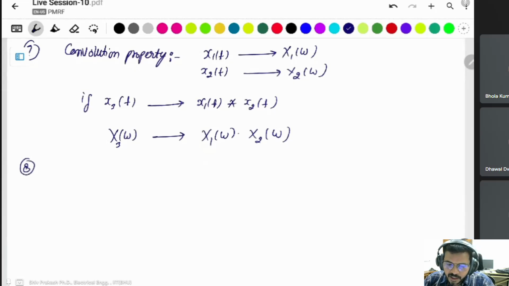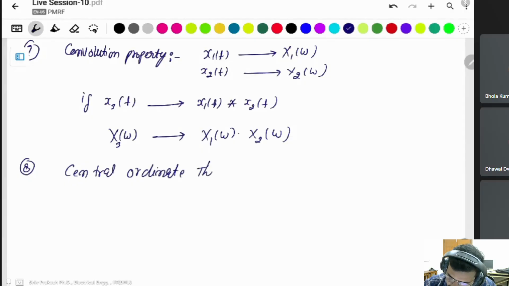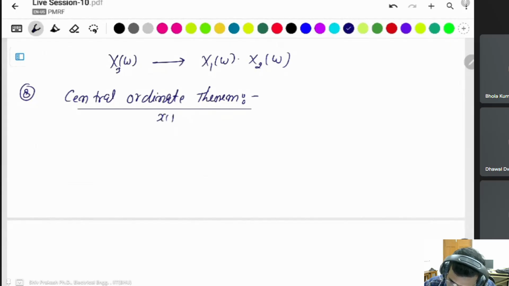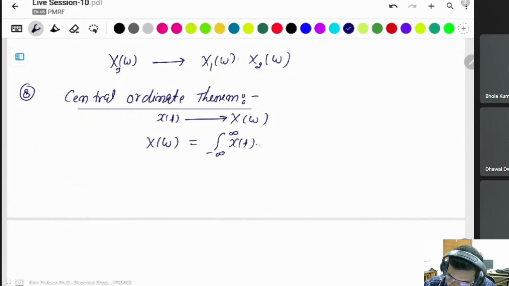The next property is the central ordinate theorem. If there is a function x t, I have some Fourier transform x omega, and you know x omega is written as integral from minus infinity to infinity of x t e power of minus j omega t into dt.